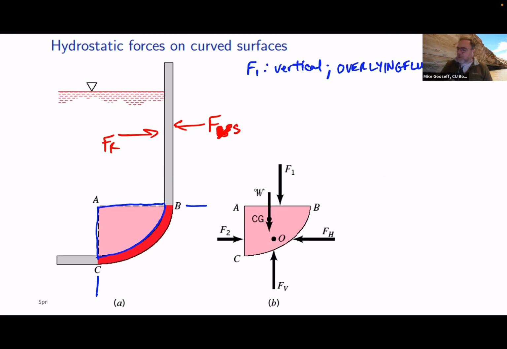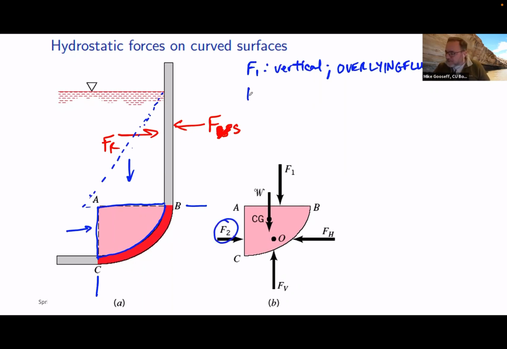Okay, so F1 is just adding up all of whatever pressure we have that gets us to this location. We have to have that pressure acting downwards on this location, and then we also have some F2 acting from the side.